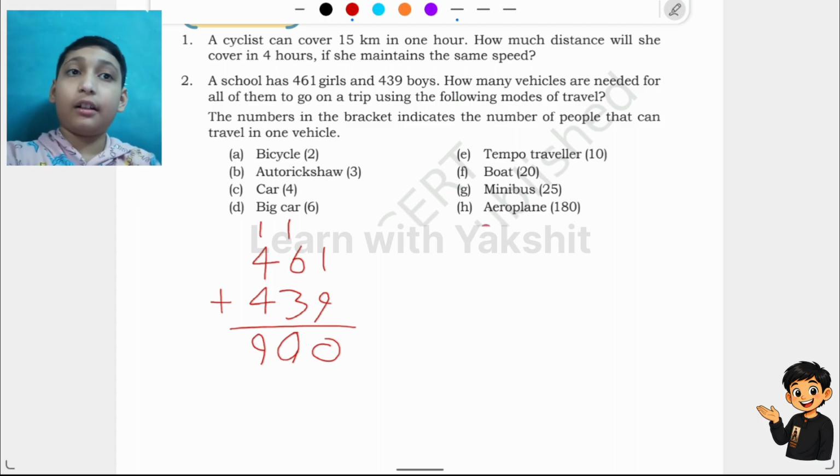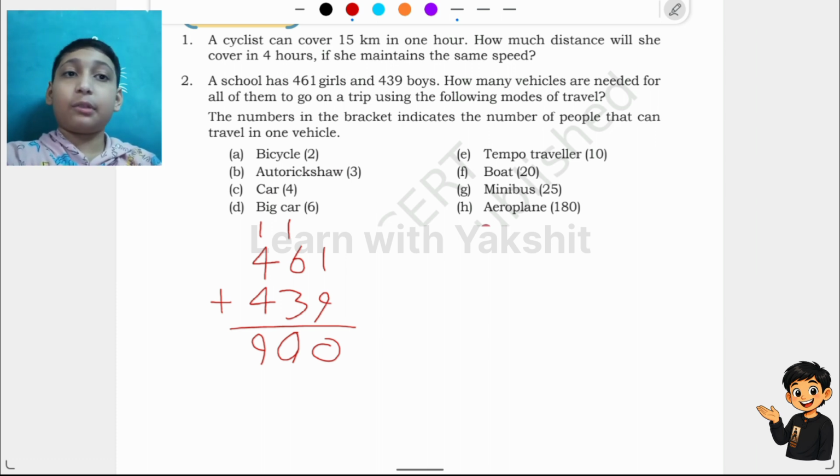That's 900 total. Exactly 900. Now we have to divide all of these by 4. Wow.